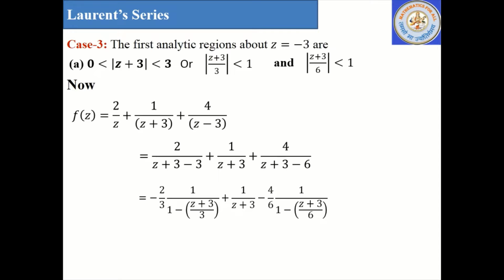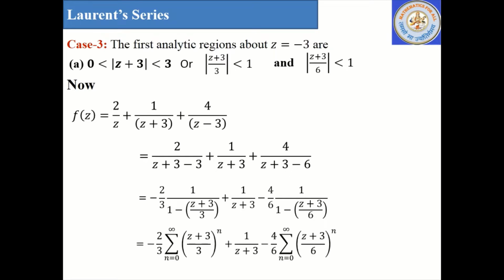Here we have taken 6 common in the denominator, so it is 1 upon 1 minus z plus 3 by 6. Again we write this in the summation form, and this is the Laurent series expansion.